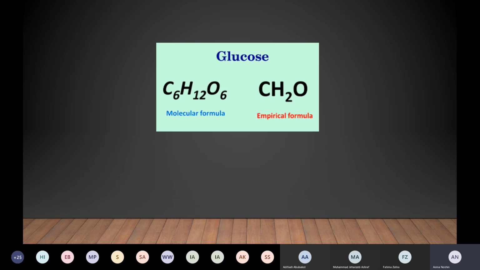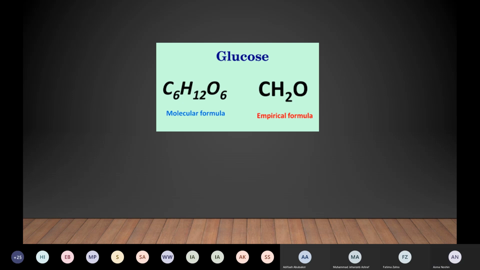This is the main difference between empirical and molecular formula. Now, how to calculate both? First, we will move on with the empirical formula, and then we will go on to the molecular formula. Stepwise we will go on.